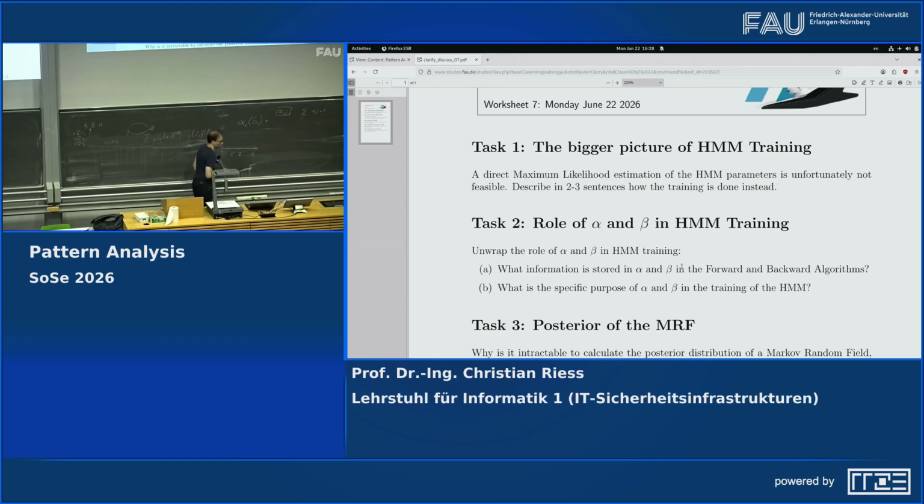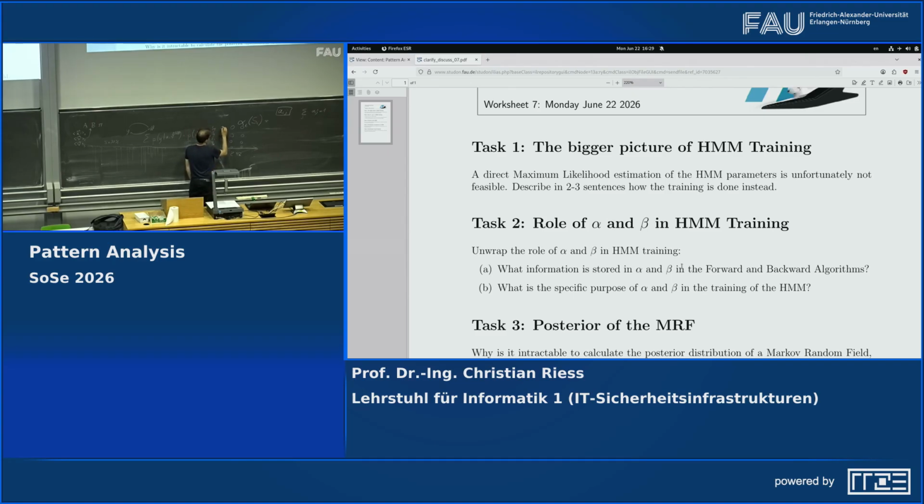Let's say we have a 4-state HMM, and we look at this HMM until time 3. So let's say t equals 3. This is state 1, state 2, state 3, state 4.